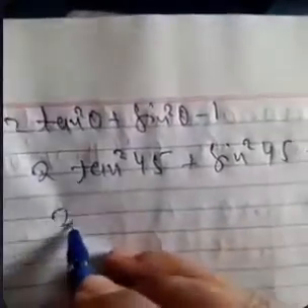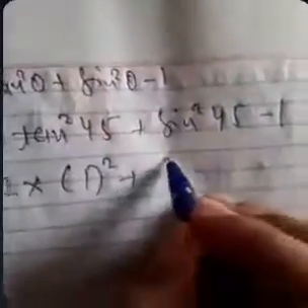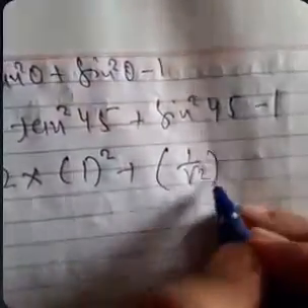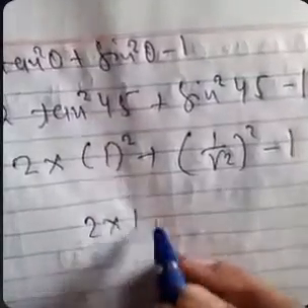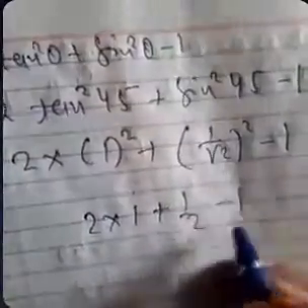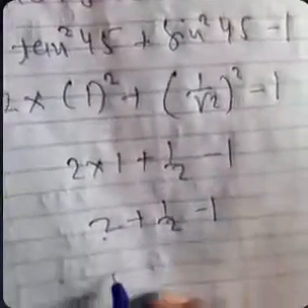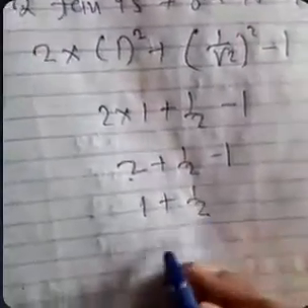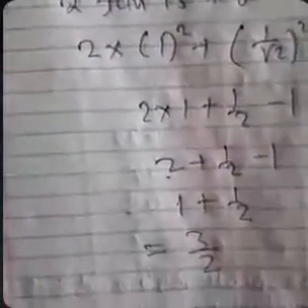We know that value of tan 45 is 1 and sin 45 is 1 upon root 2, whole square, minus 1. Now 2 into 1 plus 1 upon 2 minus 1. 2 plus half minus 1. 2 minus 1 is 1 plus half is equal to 3 by 2 is the answer.